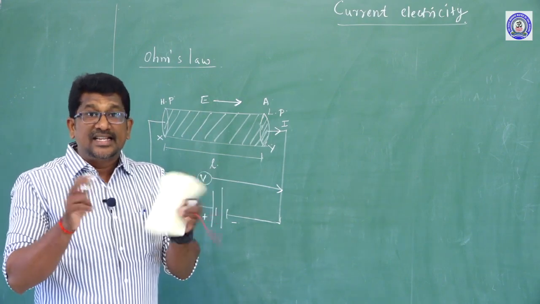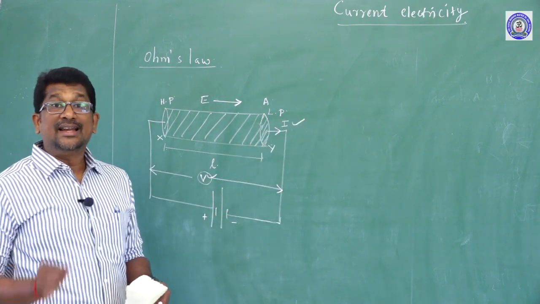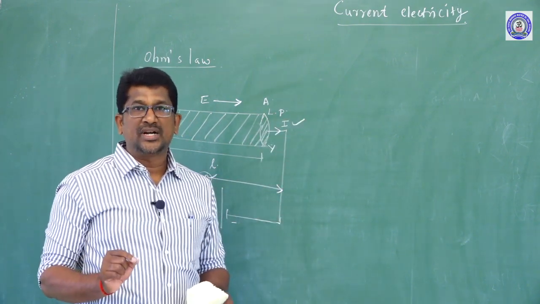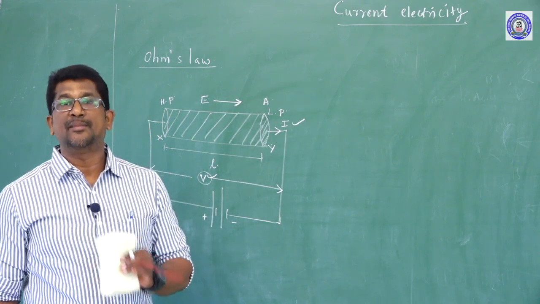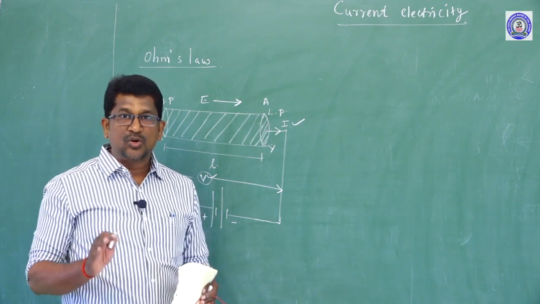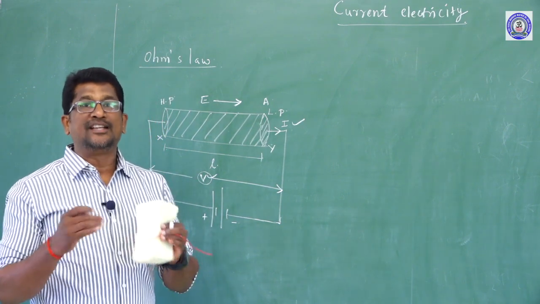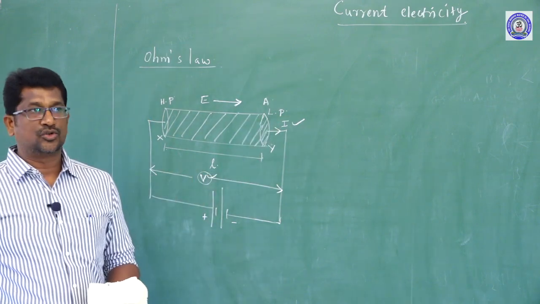So there is a relationship between potential difference and electric current. This relationship was first established by George Simon Ohm, a German physicist and mathematician.